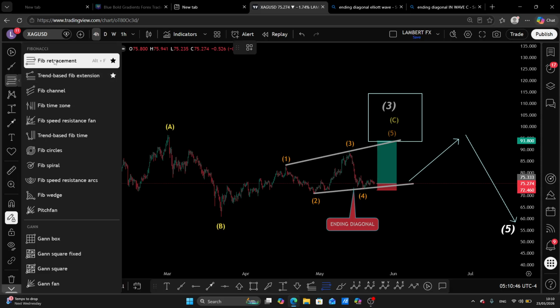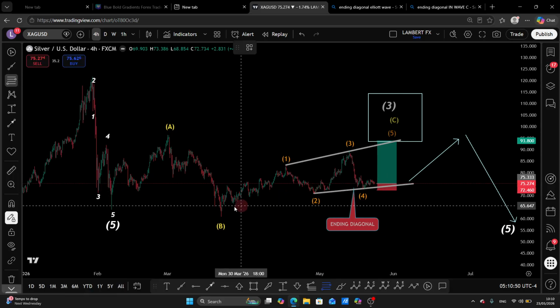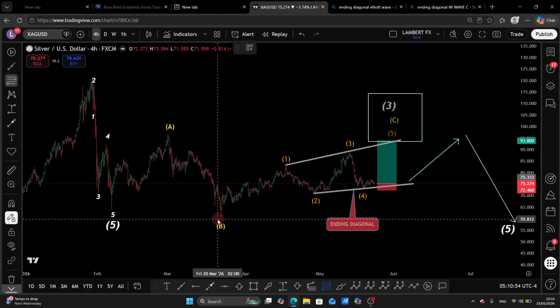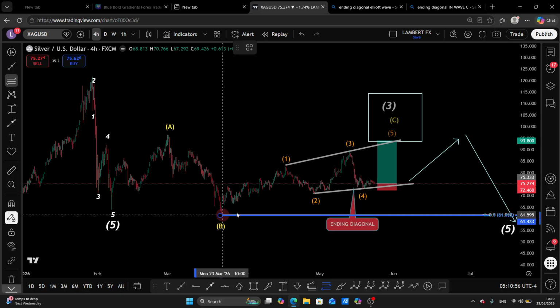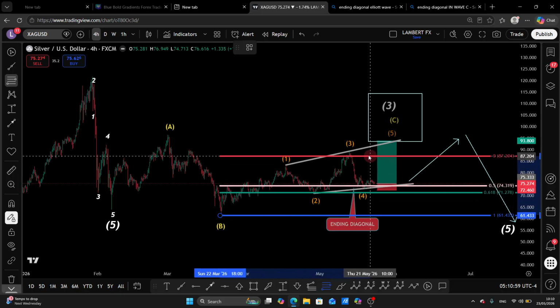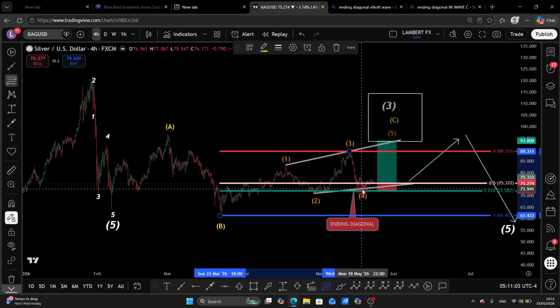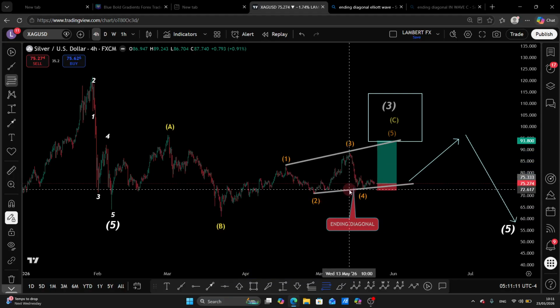If you measure from the origin of 1, which is this low here, to 3, your 4 must be at least 50%, which we also found on this one.